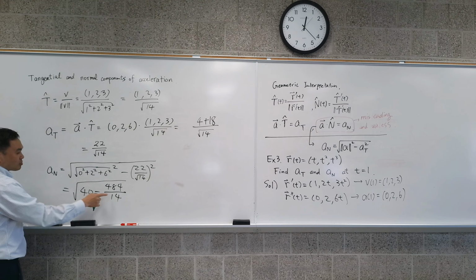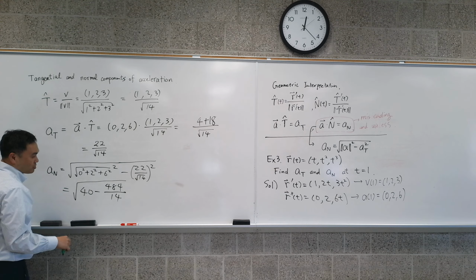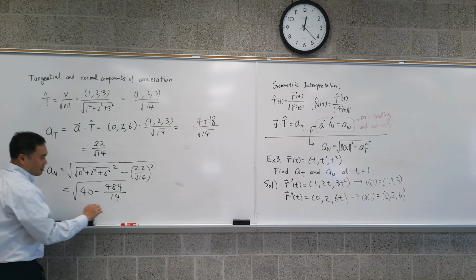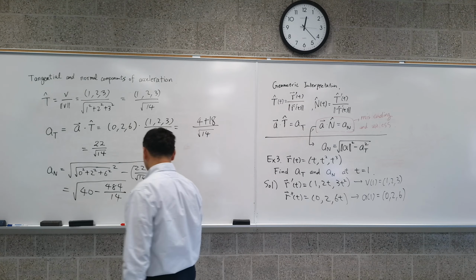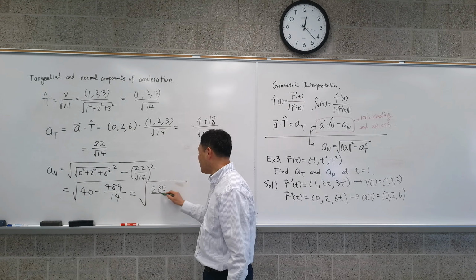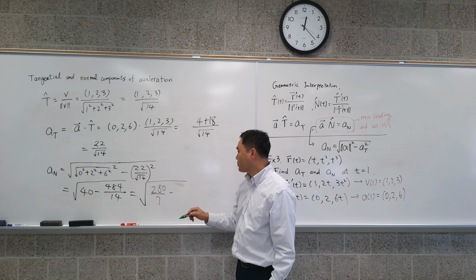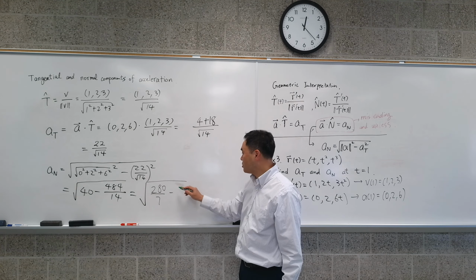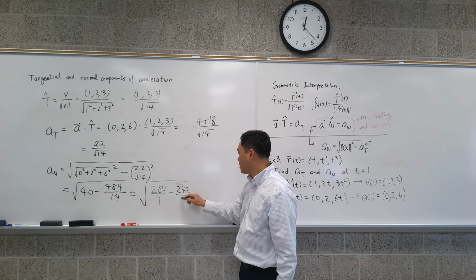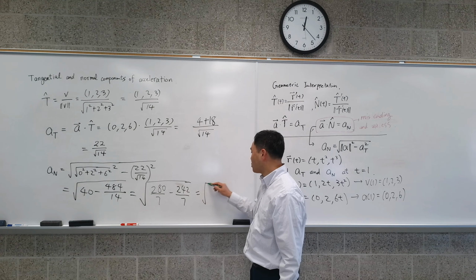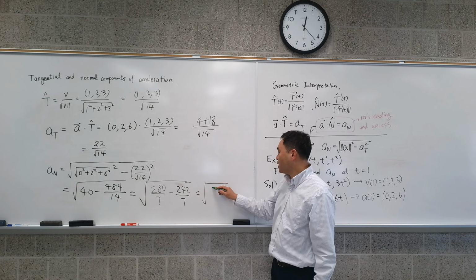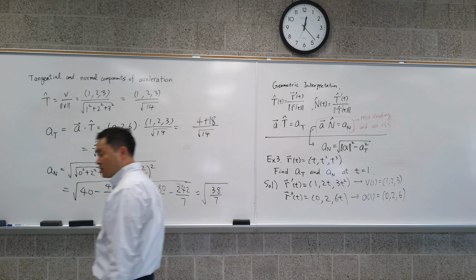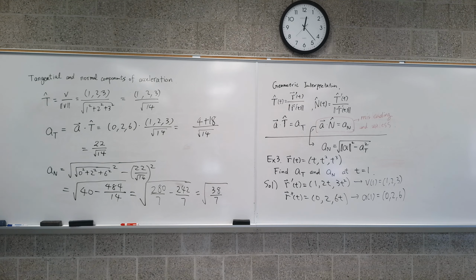Yeah, this comes out as something terrible. Even if I divide by 2, let's just do it: 280 over 7 minus 242 over 7. So that's going to be square root of 38 over 7. Okay, so that's the AN.